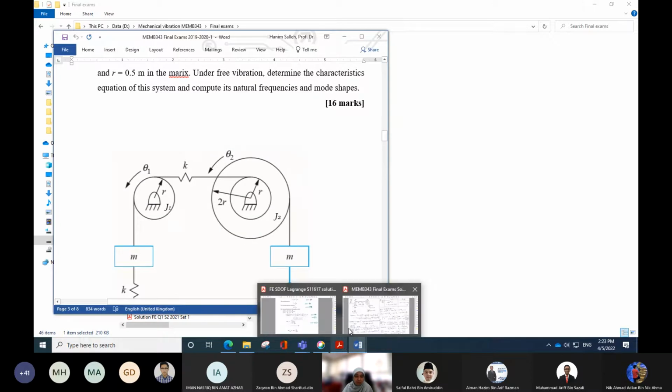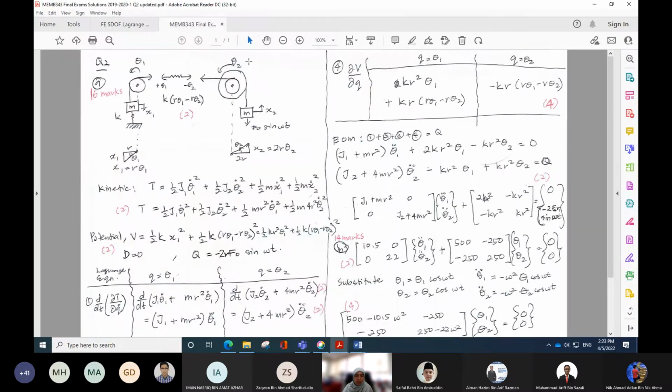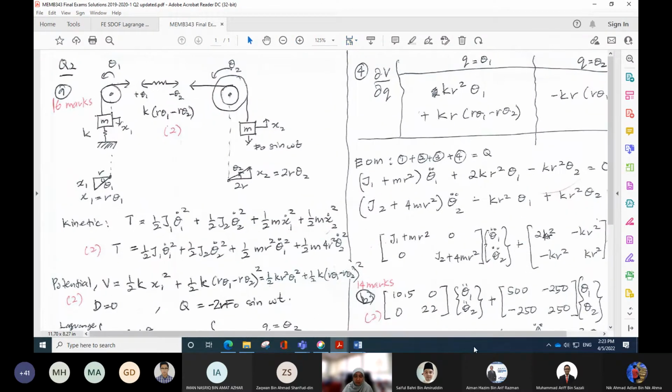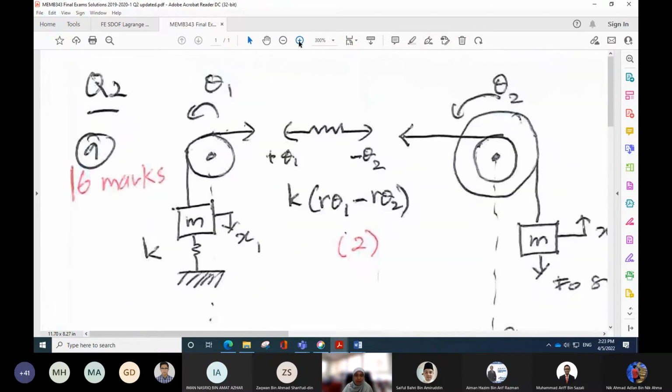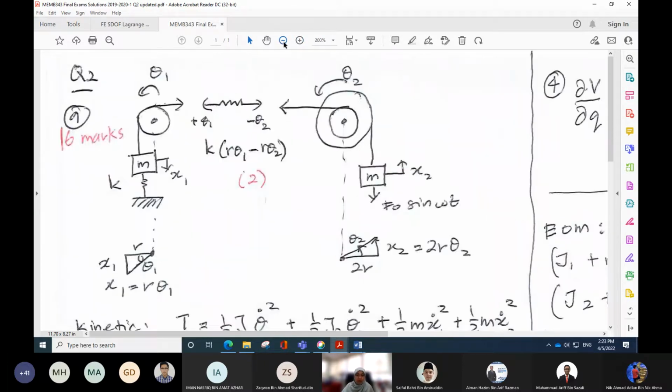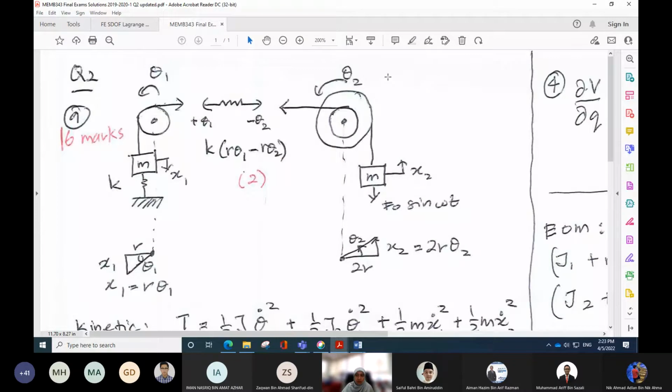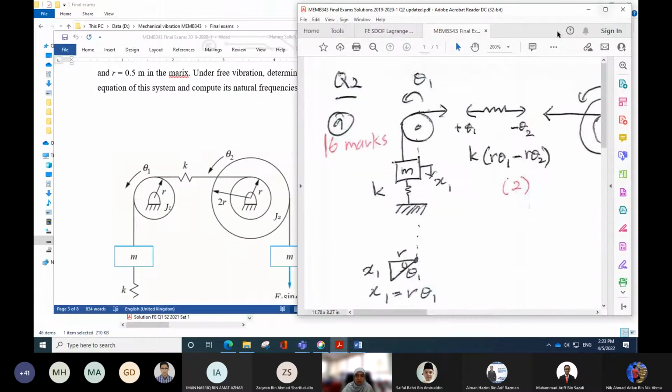Let us take a look at how we solve this problem. I know maybe it's a bit lengthy, but don't worry. If you know the steps, it shouldn't be that difficult. All right, maybe you have to take note that when you have these two figures, sorry, okay, yeah.